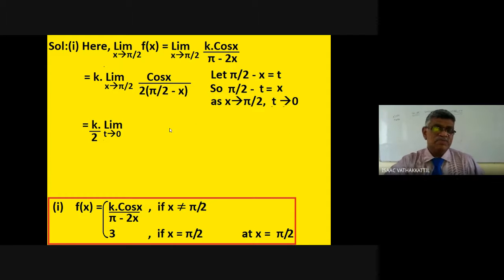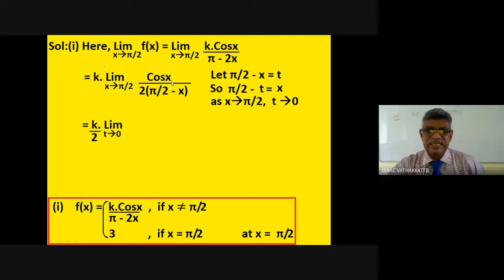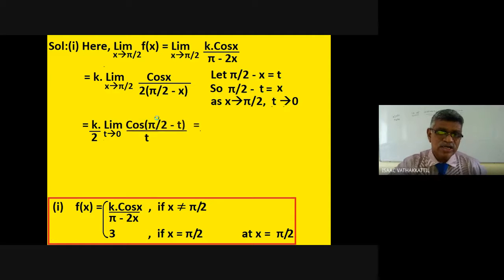So this becomes k by 2, the 2 being taken out of the limit. K by 2 into limit, and instead of x tends to pi by 2, I can write t tends to 0. All these I am going to put in terms of t. X is pi by 2 minus t, so cos of pi by 2 minus t upon t.